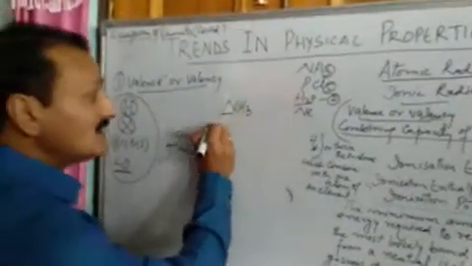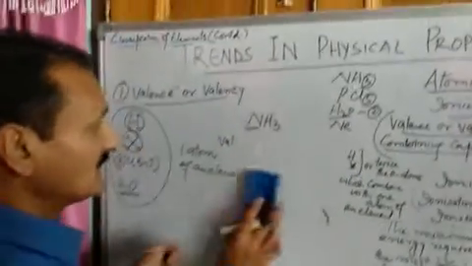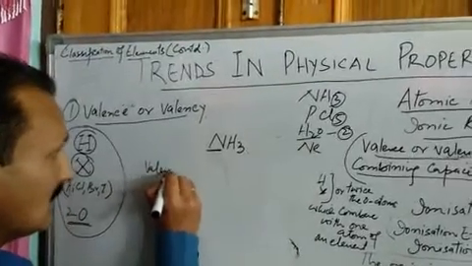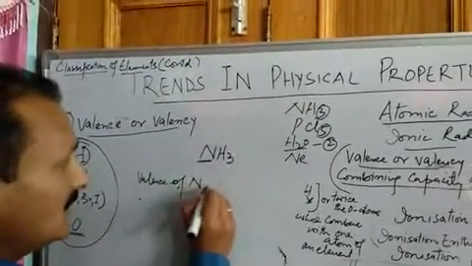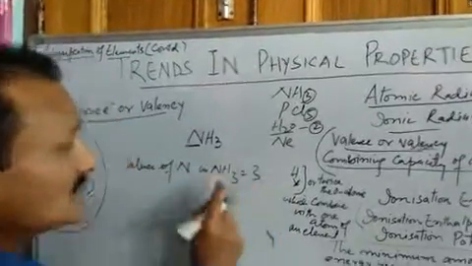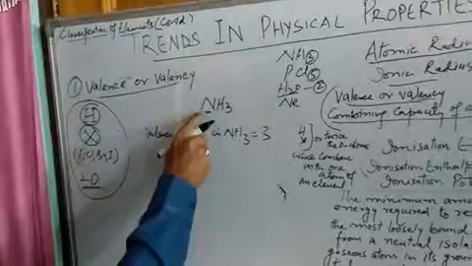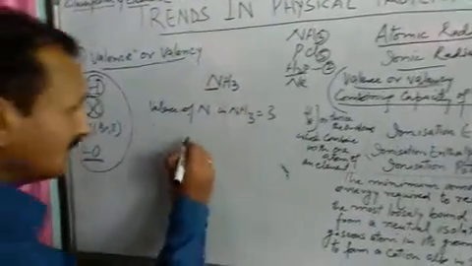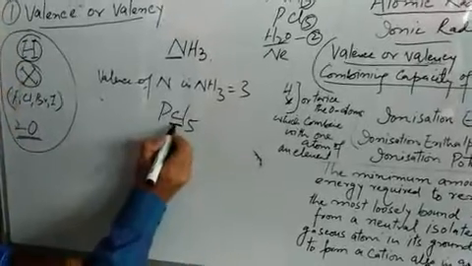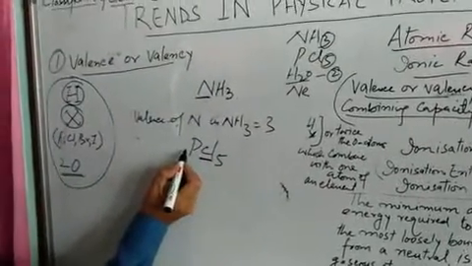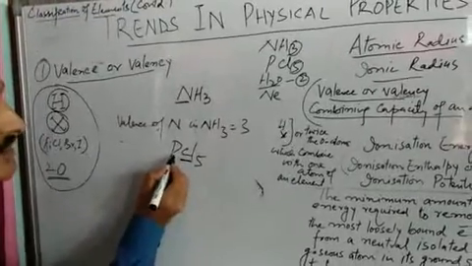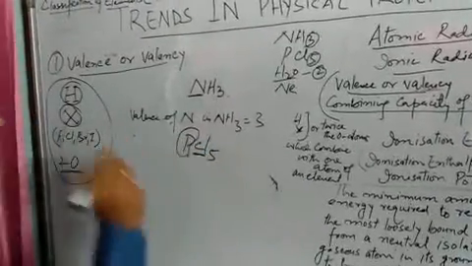So the valency of nitrogen here is 3, because 3 atoms of hydrogen are combining with one atom of nitrogen. Similarly, this is another compound, PCl5. Chlorine is a halogen. 5 halogen atoms are combining with one atom of phosphorus, so the valency of phosphorus is 5.